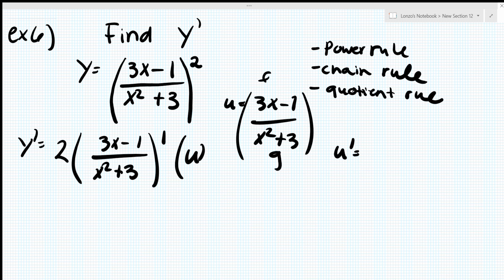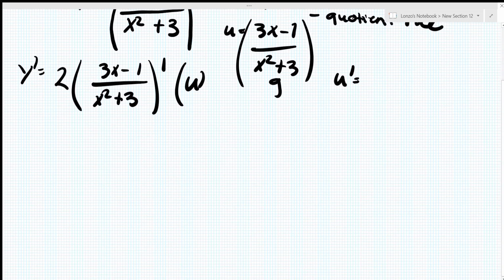So when you do the work, let's simplify. So it's 2 times (3x minus 1) over (x squared plus 3).